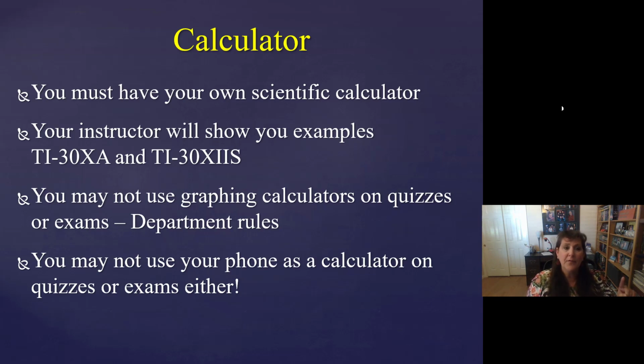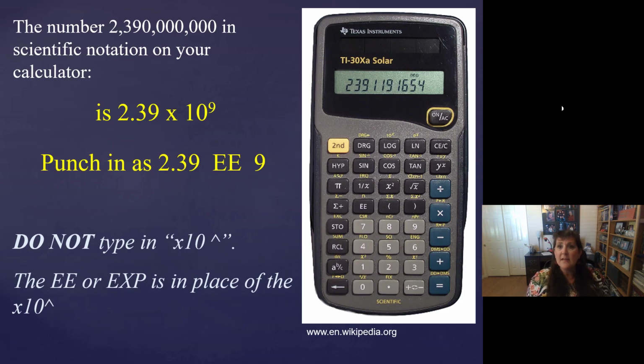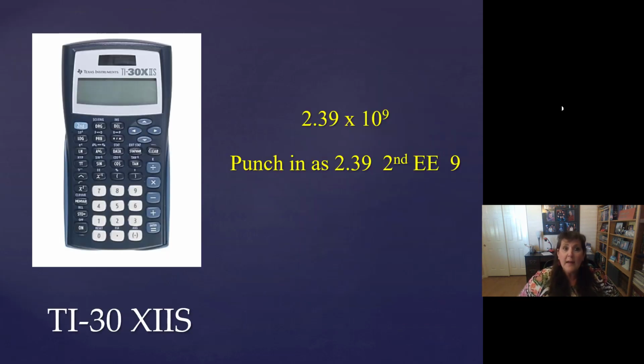The TI-30XA is a great calculator if you're a nursing major and you're not going to take any other chemistry courses. However, if you are moving on in chemistry and plan to take Chem 151 and 152, the TI-30X2S is a much better bet. I would buy that one if you plan to take Chem 151 or 152.